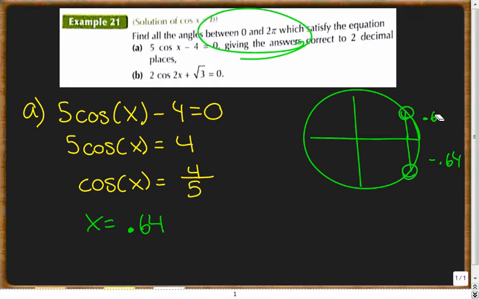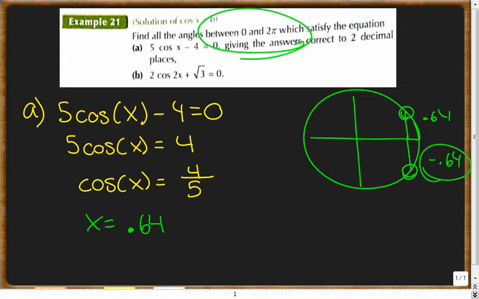So how do we write this negative 0.64 with 2 pi? We can think of it as 2 pi minus 0.64, or 2 pi plus negative 0.64. Same idea. Imagine that we're taking this negative and going around the circle 2 pi, so we're going to add 2 pi to it.